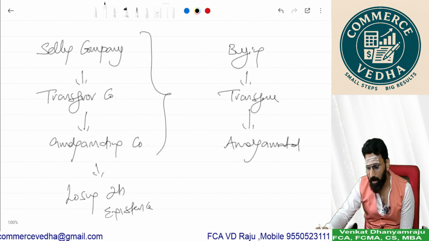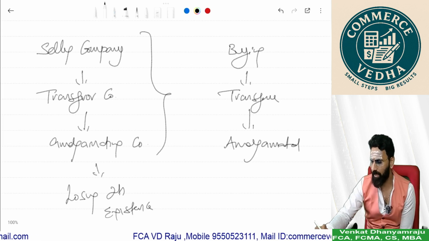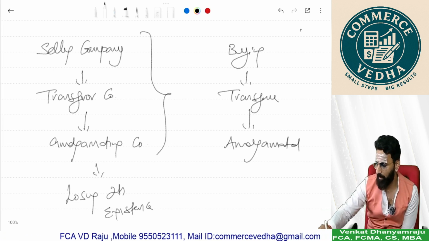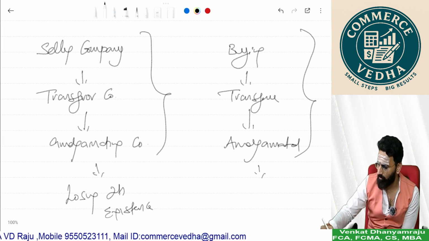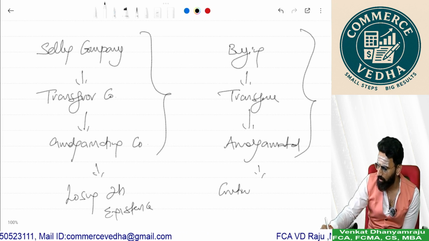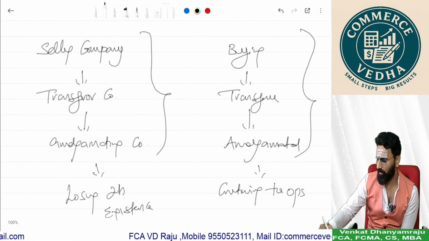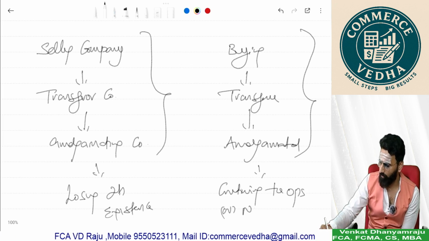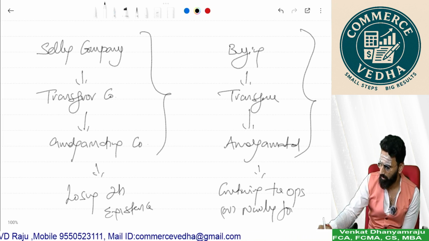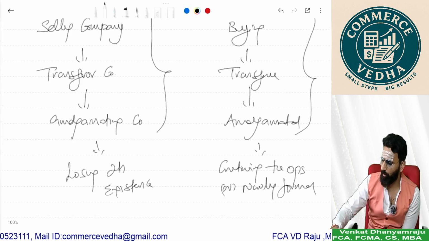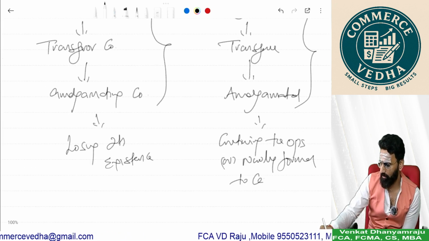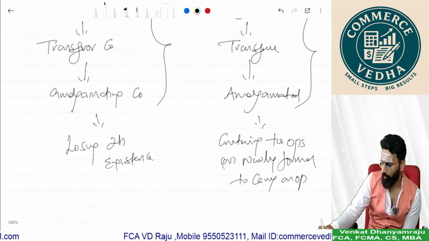And buying company, transferee company, amalgamated company, means this company is what? Continuing the operations, or newly formed to continue operations, to carry on operations.